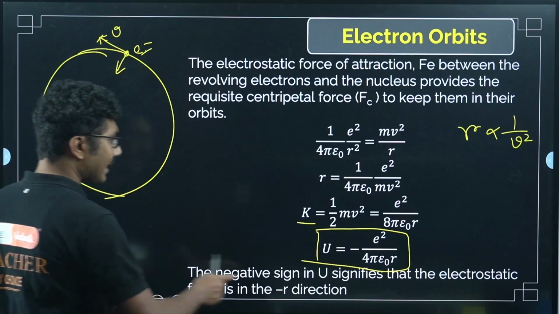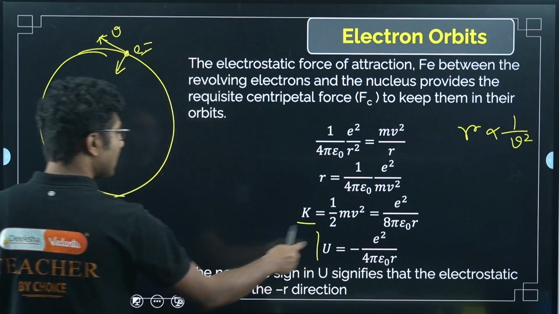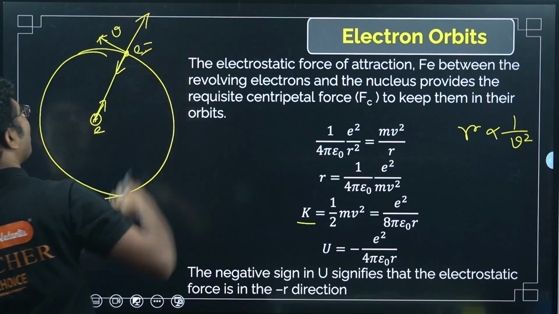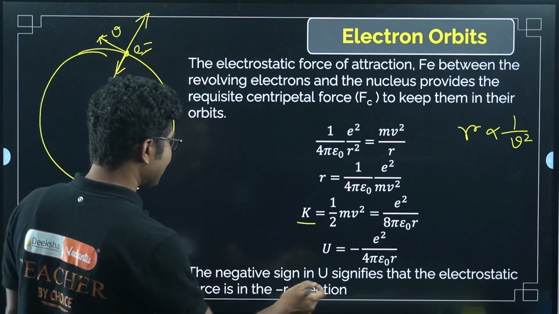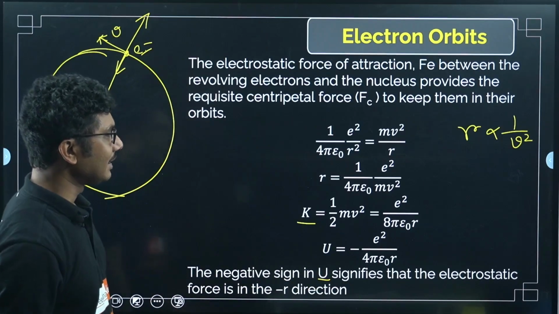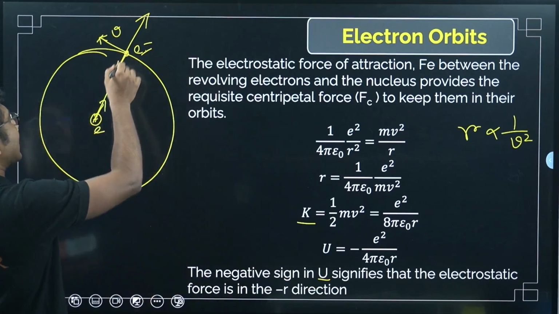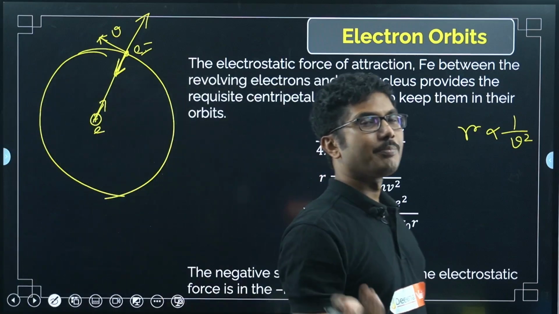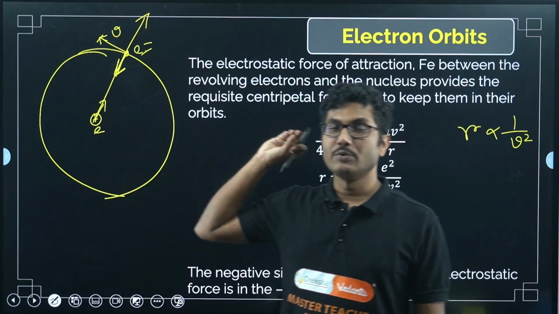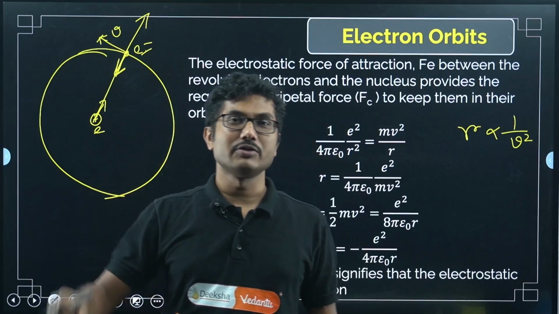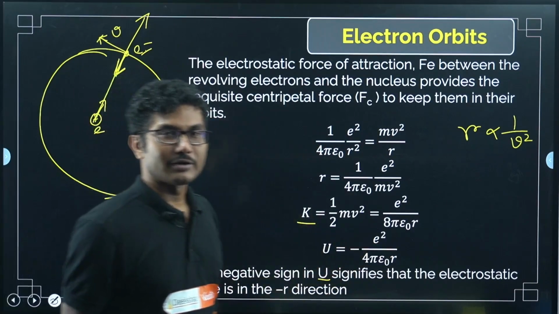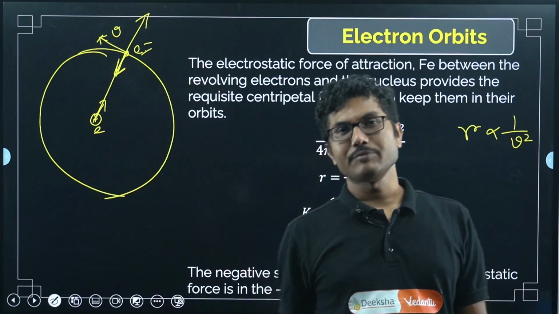In electrostatics we always denote R in the outward direction, but the negative sign in U denotes that the electrostatic force is acting in the opposite direction. Or you can say that the electron is bound to the nucleus. If you want to free that electron, you have to provide extra energy so that the energy of the electron becomes 0 and it becomes free.